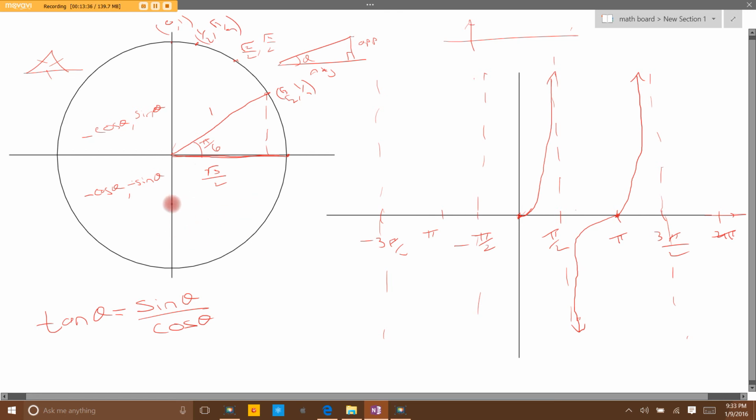Now, here, negative sine and positive cosine, right? So again, with one negative, the entire fraction, tangent theta, is negative for all its values. And we are at negative infinity here, because cosine of theta is 0. Then sine of theta is decreasing as you move in the positive direction, or counterclockwise.